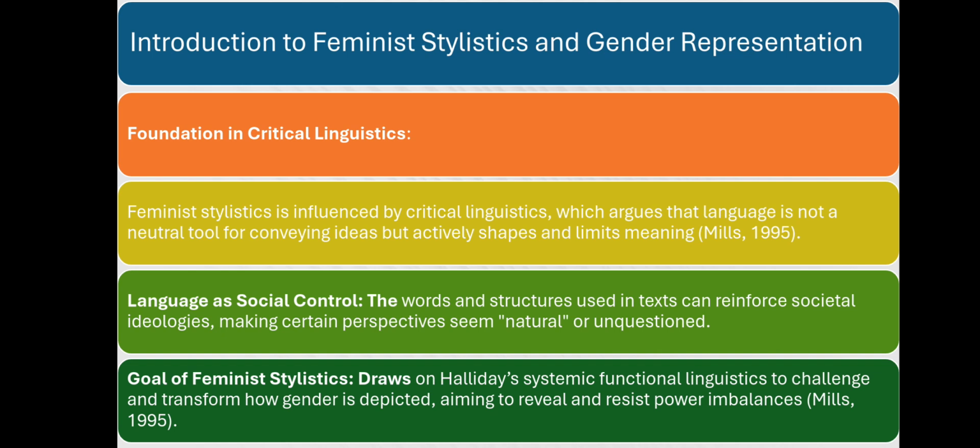For example, you see different roles have been given to a man and different roles have been given to a woman. When these structures are repeatedly presented in a text, finally you think it is natural. You don't ask why, because it seems natural to you.